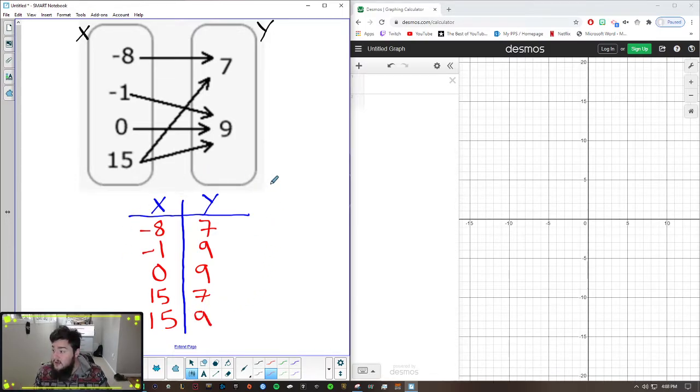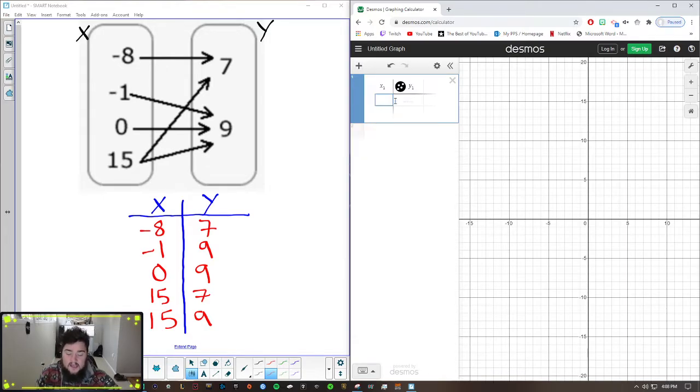Now, how am I going to do the vertical line test? Well, I'm going to go over to Desmos, which I have open right next to it, and I need to put this table into Desmos. So how do I do that? I'm going to click the plus, and that means I'm going to add a table.